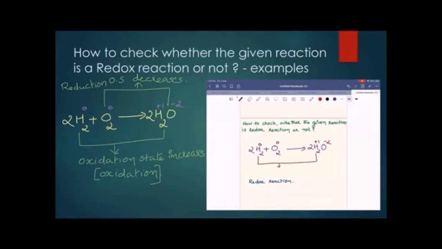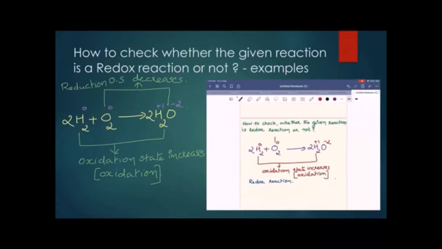Oxidation state increases. If oxidation state increases for a species, then we can call that species undergoes oxidation.